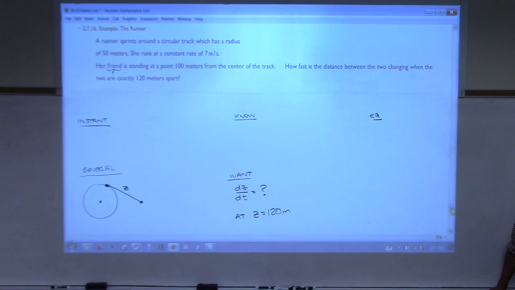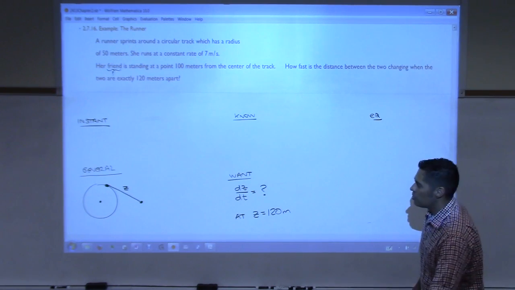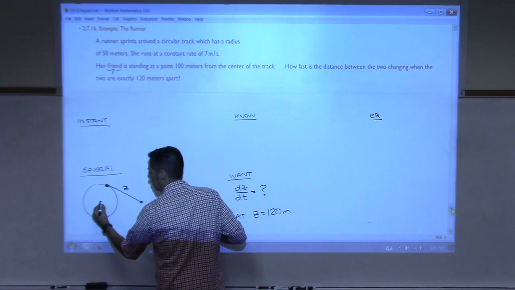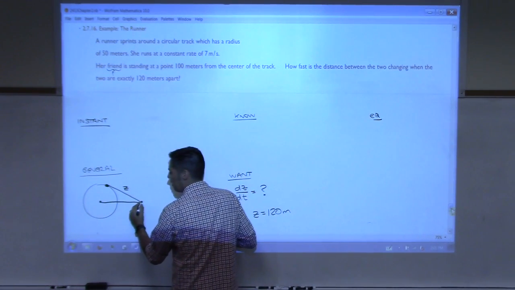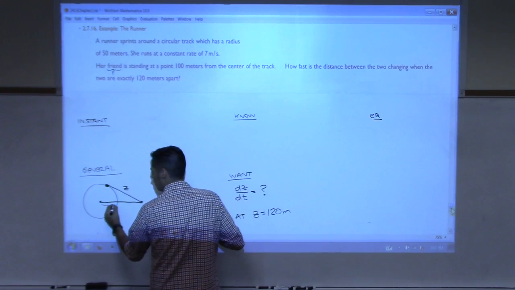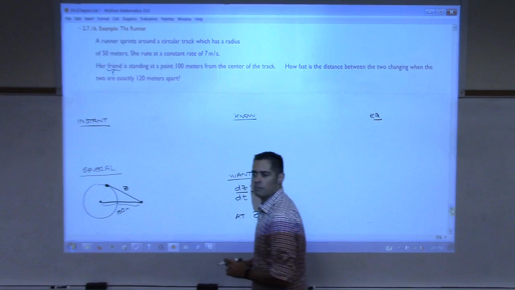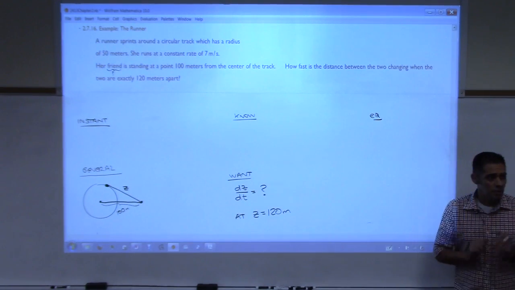You know that she's 100 meters from the center. Oh, so the distance from here to here, you're saying that's 100. Yes. Do you all agree with that? Does that ever change? No. That's always fixed, right?